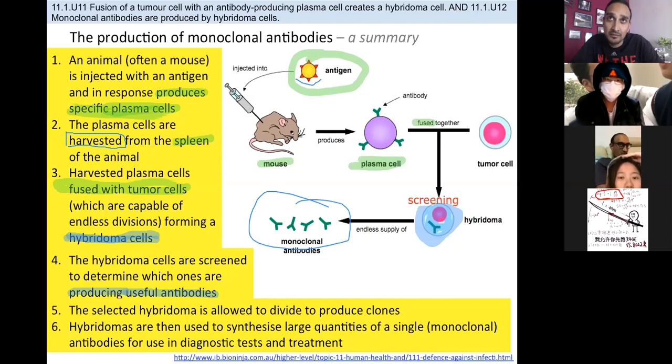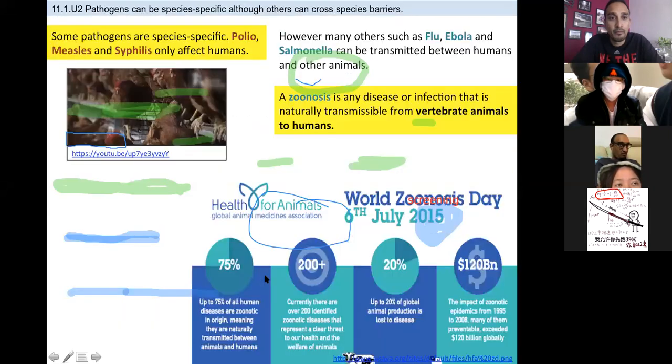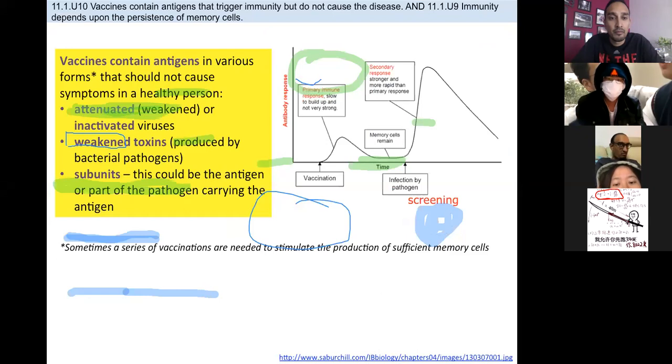Unless you only inject it with a harmless antigen, something similar to a vaccine. You could do the same thing by injecting it with an attenuated pathogen, right? We learned that last time. So the mouse either produces plasma cells or it just dies from the antigen. If you inject it with the real pathogen, the whole pathogen, then I guess it might die.